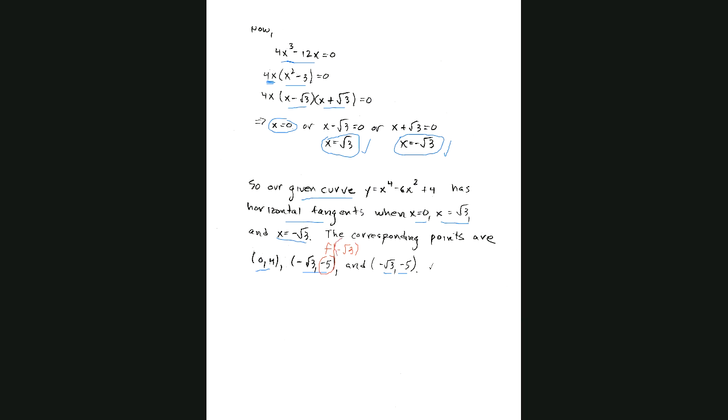Oh, thank you. There's a typo here. We should have a positive here. Thank you. Good catch, Nicholas and Ian. Hold on here. We'll fix that right now. There we go.